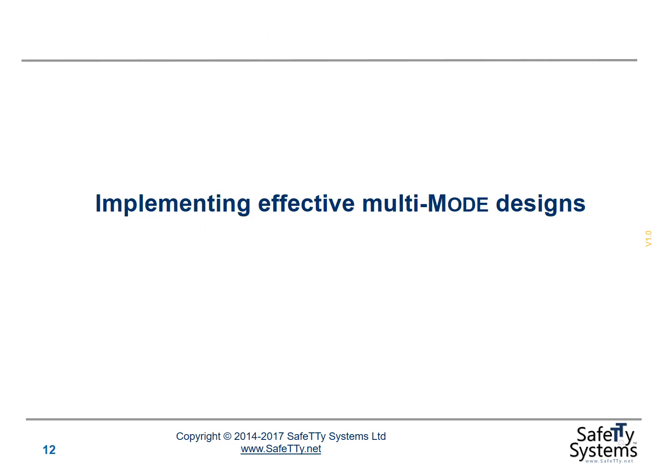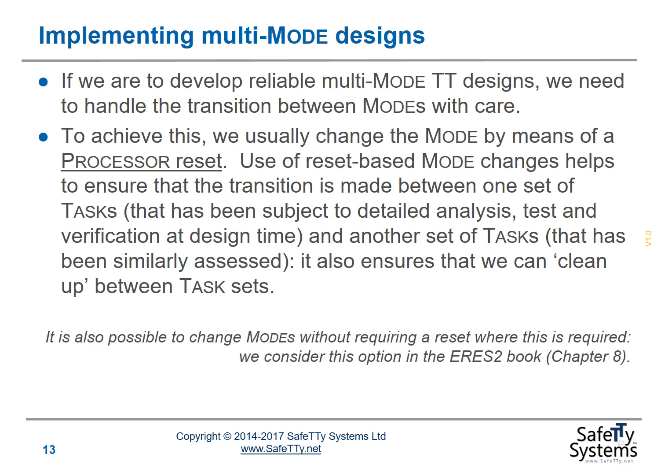So how do we implement effective multi-mode designs? If we're to develop reliable multi-mode TT designs, we need to handle the transition between modes with care. The way that we approach that in this course is that we usually change the mode by means of a processor reset.